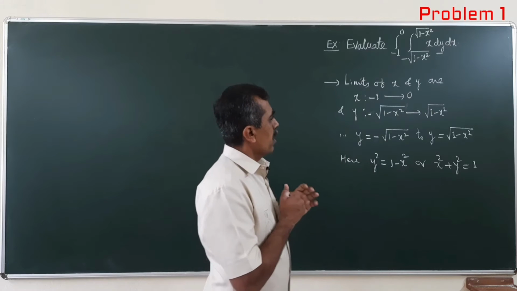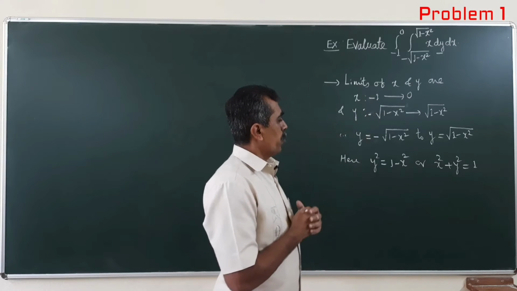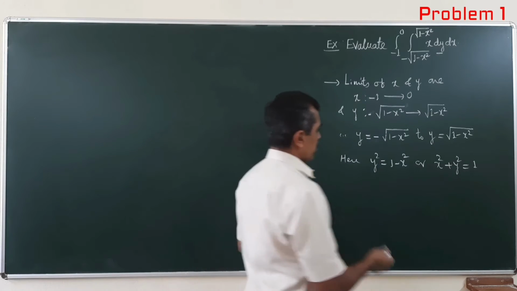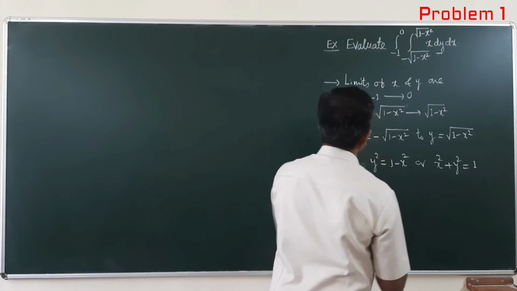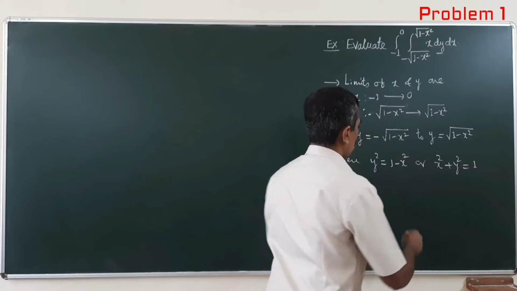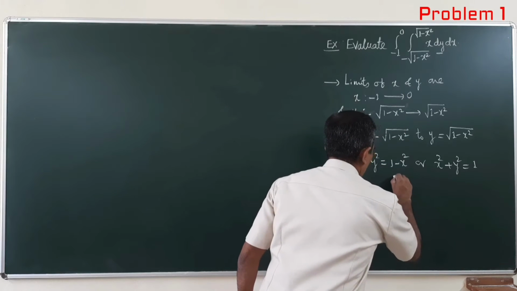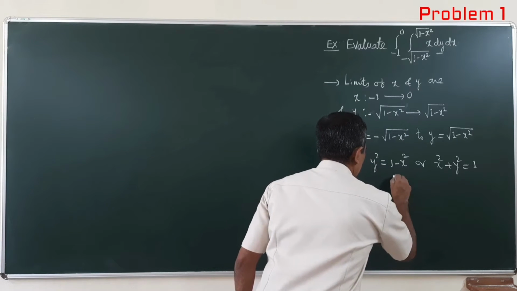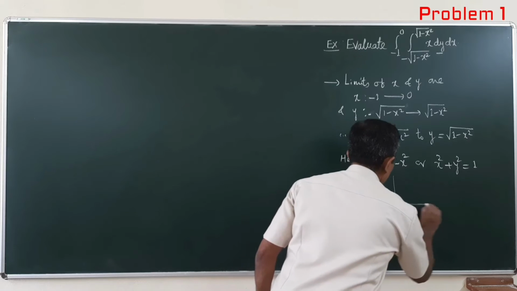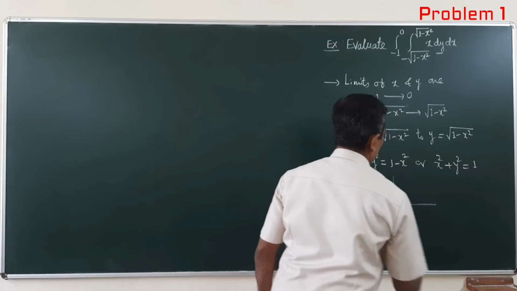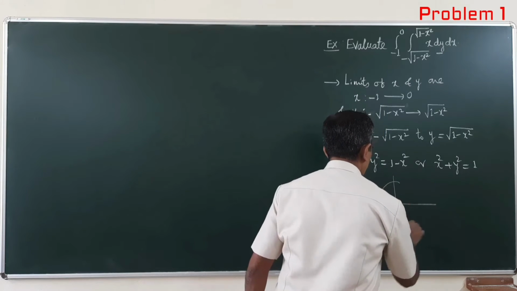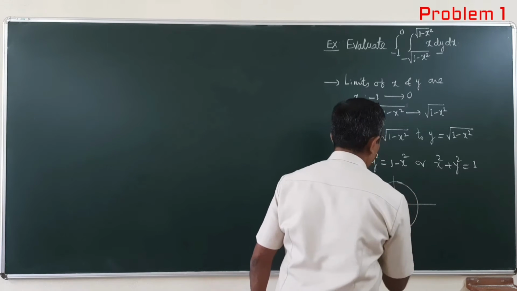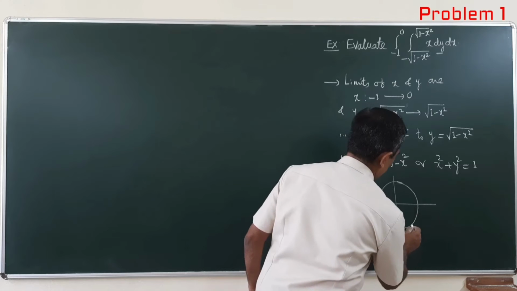Now we will see what the domain of integration actually is. The region: x runs from -1 to 0. So we will plot the region. First, I will plot this circle so that things become easy.